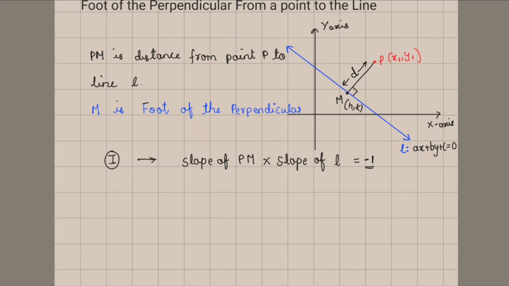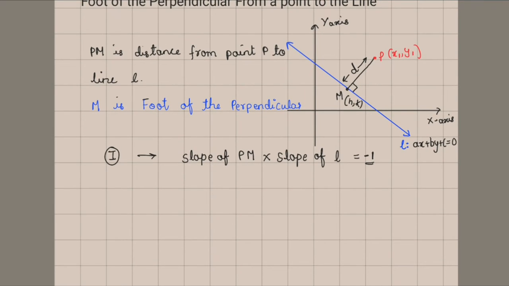And we need another condition. Then we will get two equations in h and k. If you solve those two, we will get h and k. Because if we only have one condition, slope of PM into slope of L equals -1, then there are infinitely many possible points M.